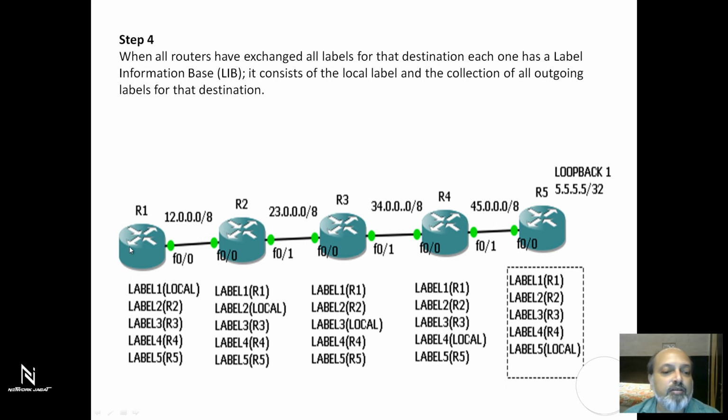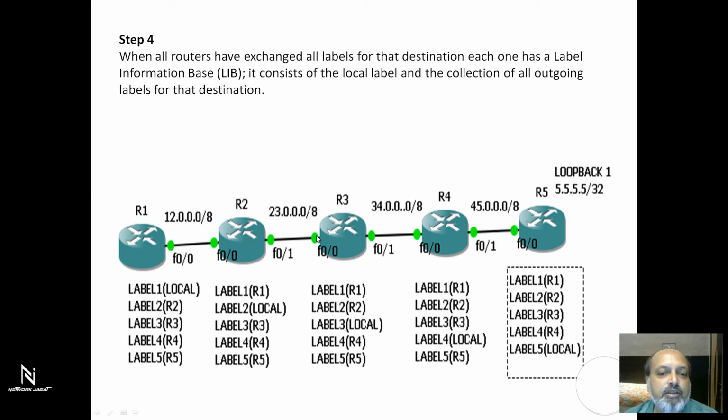Okay, fine. So at this particular stage, all the routers are now ready with a label information base, and this label information base consists of one local label and all outgoing labels as received from all the routers of the MPLS domain. Very interesting thing to note. Suppose you consider R3. R3 is also considering label 1 and label 2, which are actually on the far side.